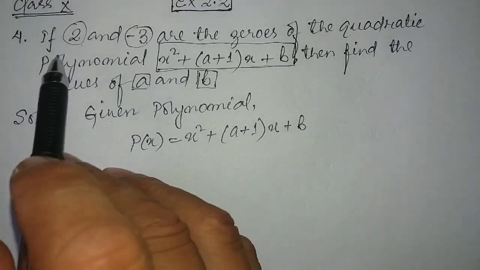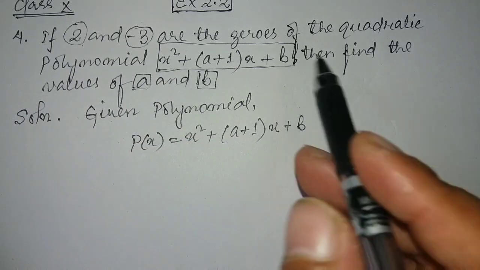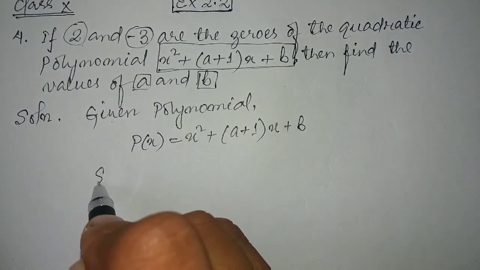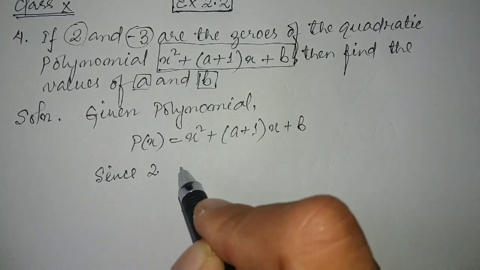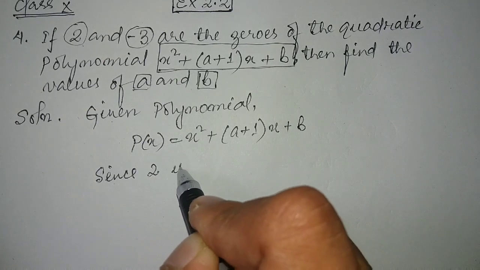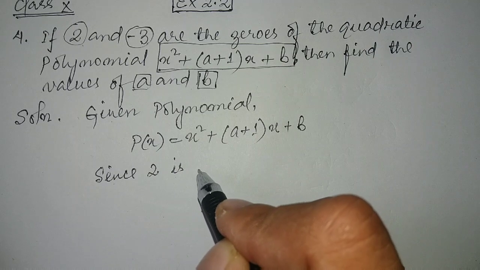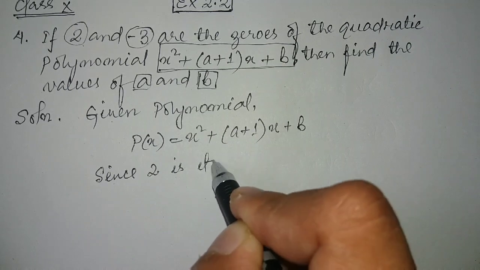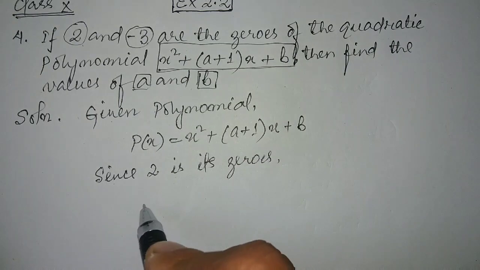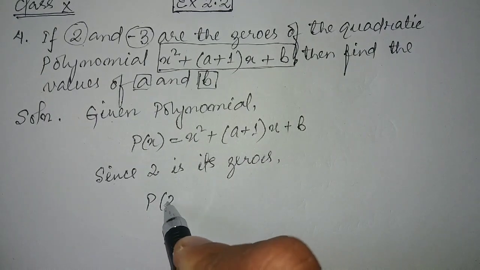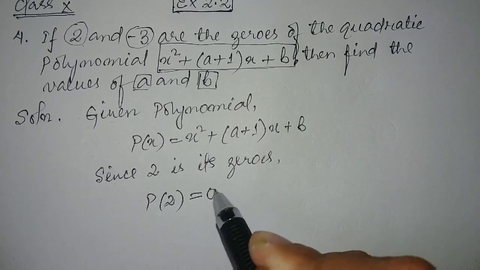Now since 2 and minus 3 are its zeros, since 2 is its zero, therefore we must have p(2) equal to 0.